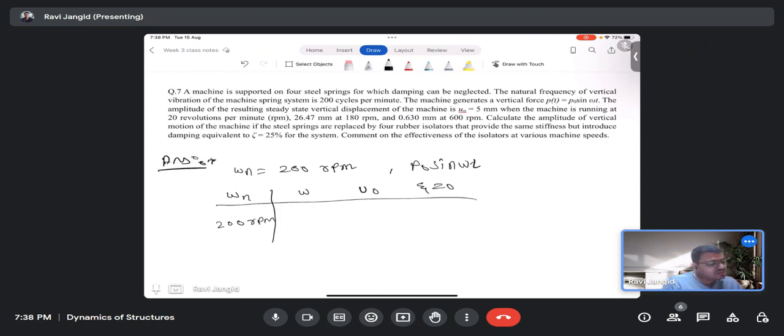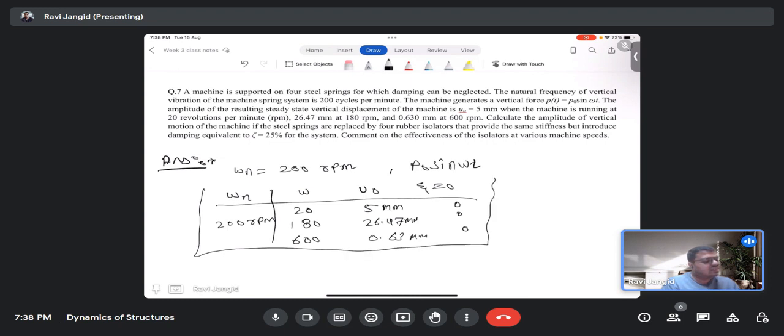For omega of 20 rpm, the steady state amplitude U naught is 5 mm. For 180 rpm, it is 26.47 mm. For 600 rpm, it is 0.63 mm, for zero damping. This is the case they have given, so we don't need to do anything.